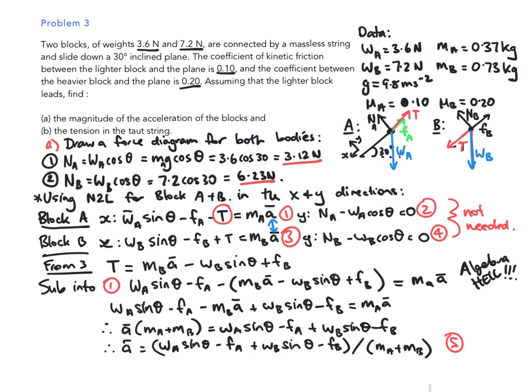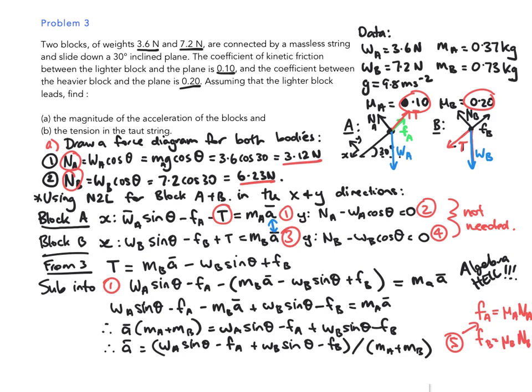So we're almost there. We also know that F_A equals mu_A N_A, and F_B equals mu_B N_B, which we know from calculating up at the top here. We calculated those, and we were given these. So we can work out what those are.